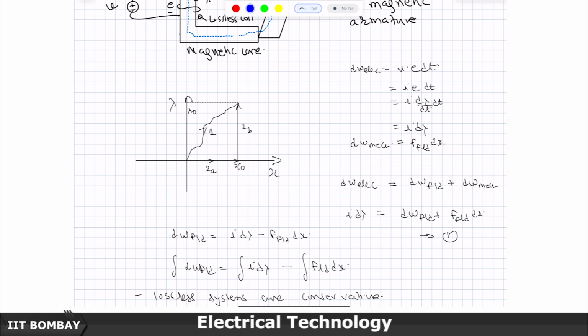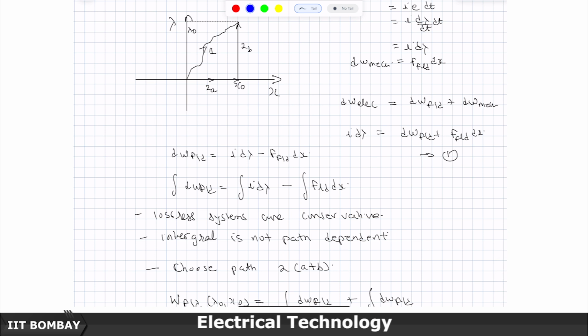So, d lambda is equal to dW field plus the work done, which is equal to F_fld times dx.